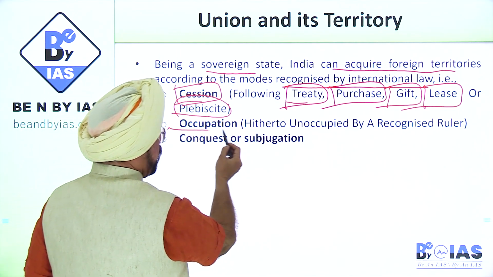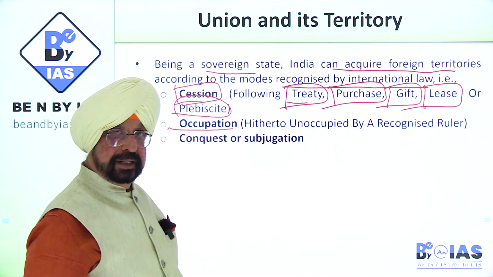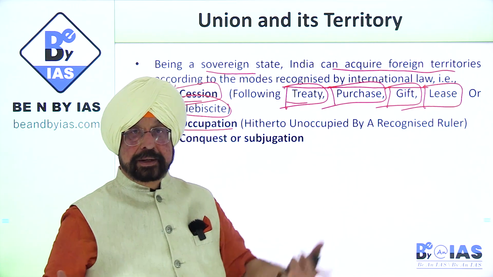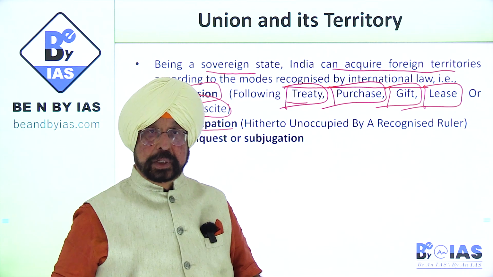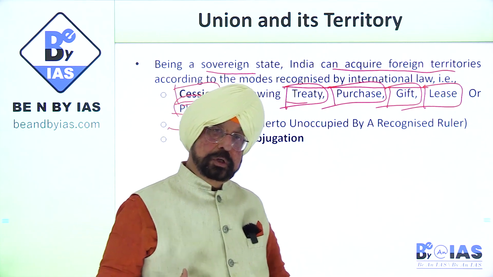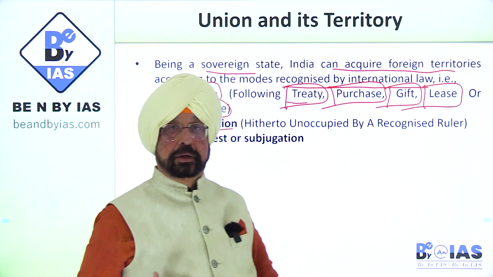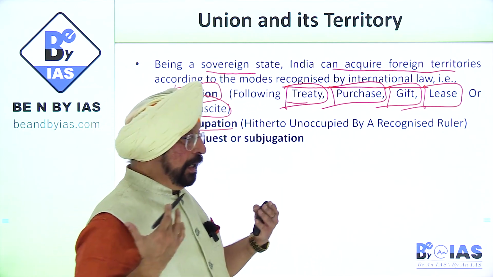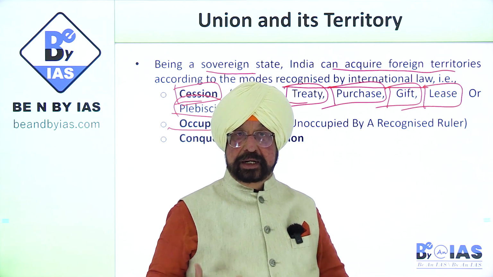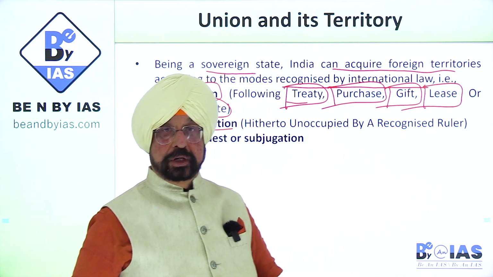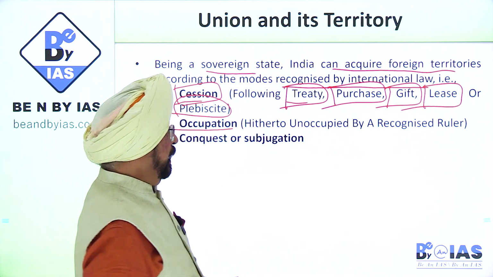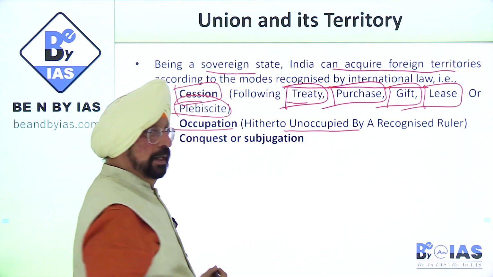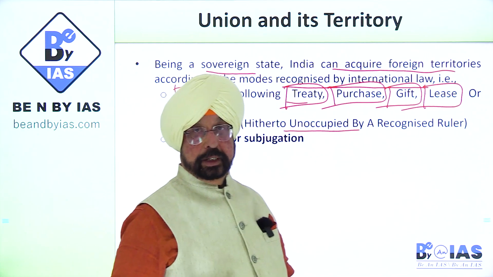Second is occupation. As I said, there are certain territories, maybe some island here and there, which has not been occupied so far, which has not been inhabited by any person or any nation or claimed ownership by any nation, and it remains unoccupied by any recognized ruler.